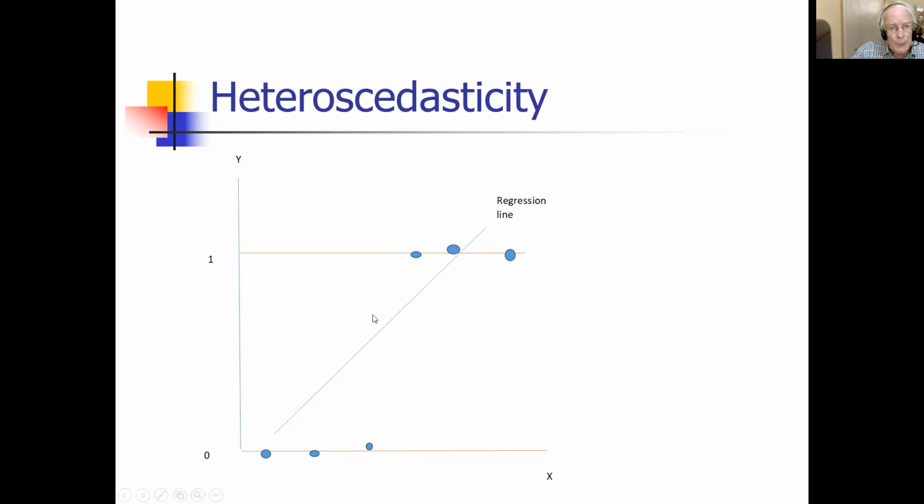The variance of the error term is larger for medium values of x than it is for large or small values of x. That is to say, the error variance is not independent of the level of x. That is heteroscedasticity.